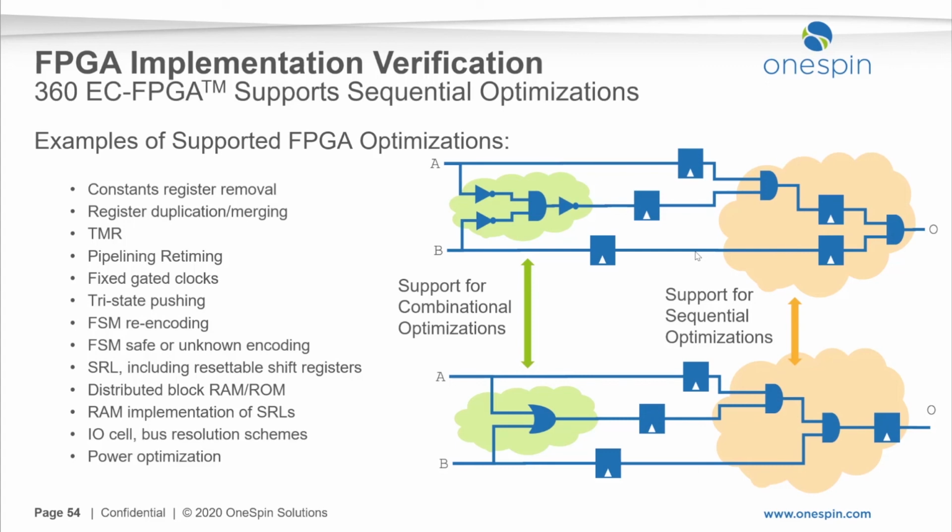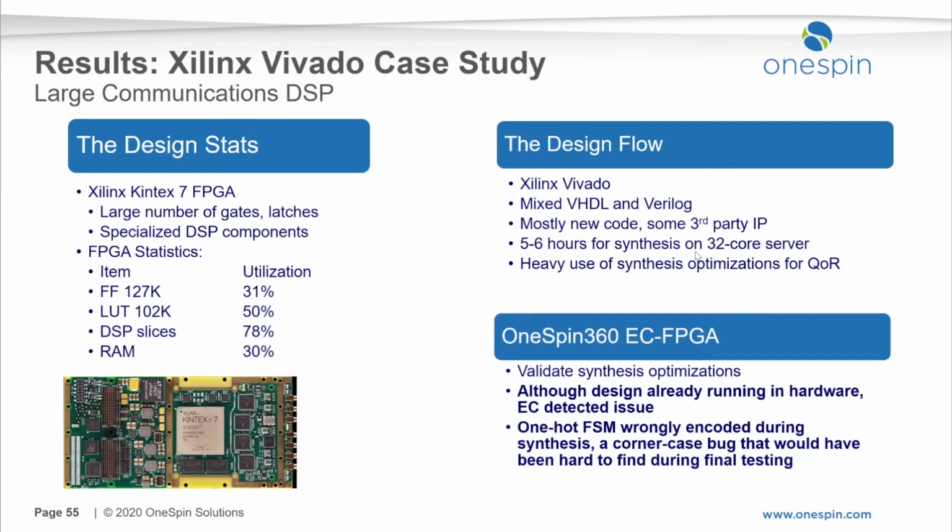The designs are getting more complex, the design styles are different, and this is really something that the synthesis vendors also encourage you to do. I'll give you one example on a Xilinx Kintex board, quite a large board with nice percentages of utilization, with a mixed signal VHDL Verilog design, which took 5 to 6 hours to synthesize on a 32-core server, so quite big.